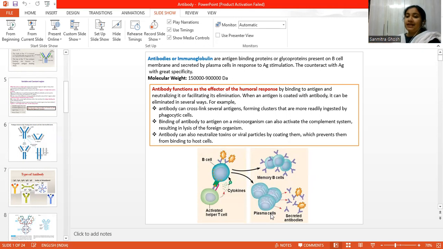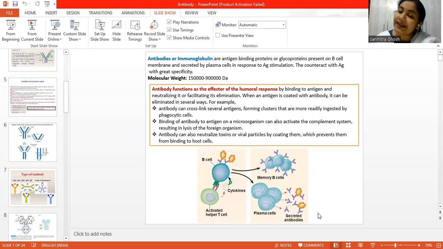Now, these plasma cells have the protein secretion machinery in them. They do not express the surface-bound immunoglobulins to that extent as the mother cell. Rather, they have the protein synthesis machinery, the endoplasmic reticulum, the Golgi bodies, and the other components. With the help of that, they can encode for the particular antigen-specific antibody. They can produce the antibodies, and they can secrete out the free antibodies into the circulation.